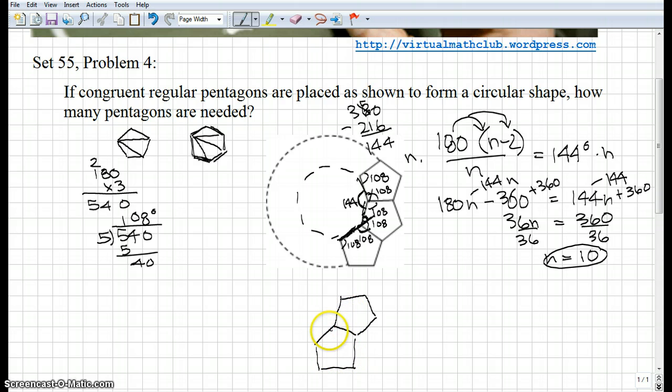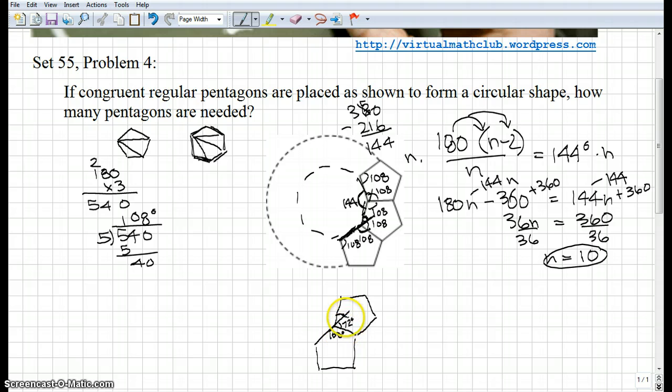Now the angle I'm looking for is the exterior angle. So I have to extend one of the sides out, and I'm looking for this angle here. I know this is 108, and this is a straight line, so this angle plus this angle has to be 180, which leaves us 72 here, right?